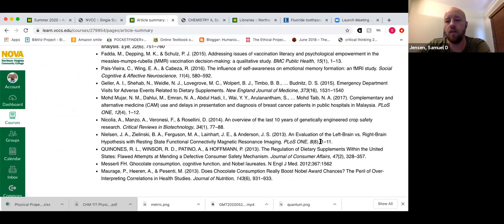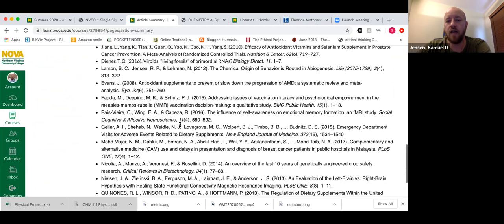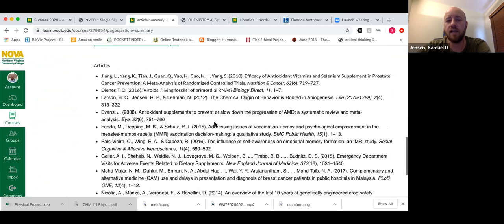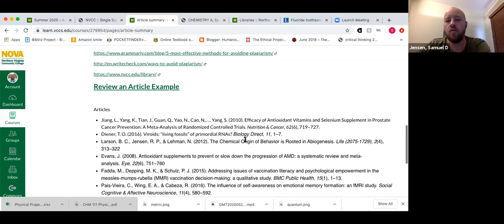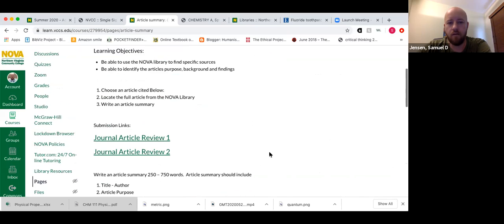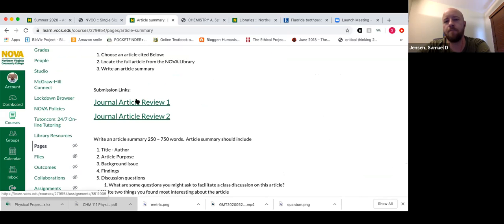You can look at the page lengths and see it's 10 pages, 11 pages, 9 pages, so they're all about the same rough length. You can read through them, pick out the important parts, summarize them in a Word document, and then upload that.